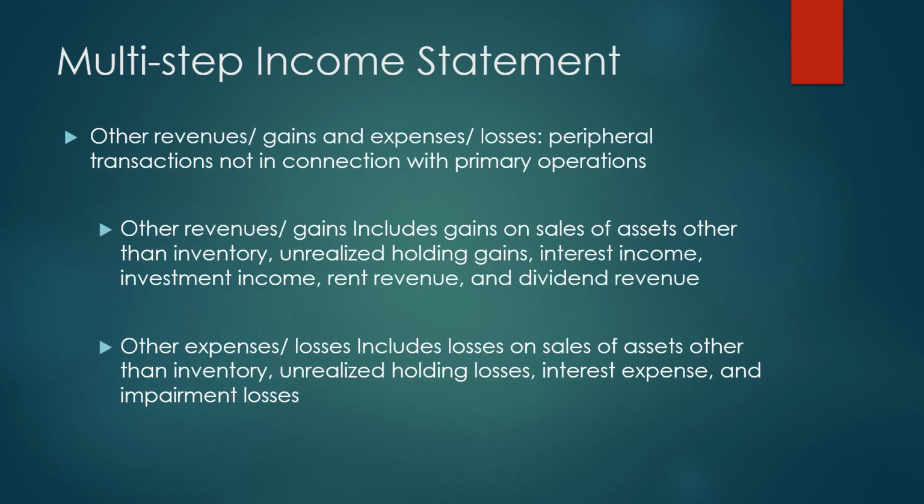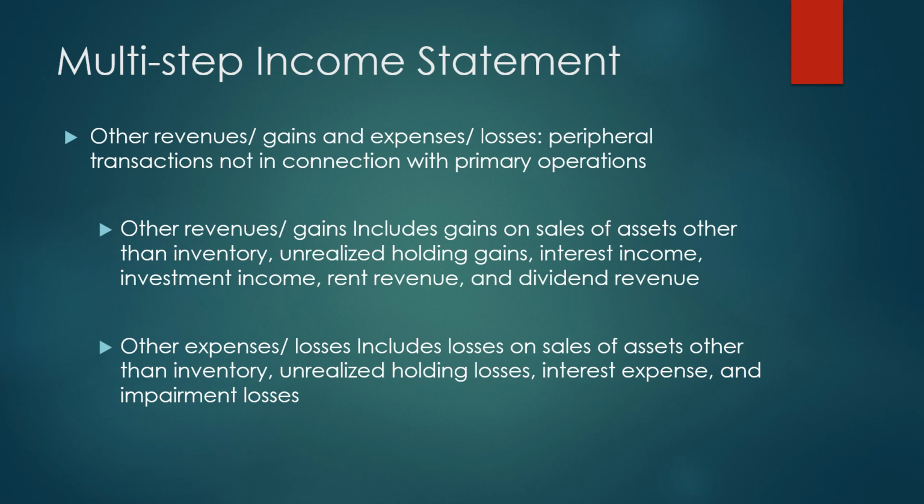We want to distinguish between operating items and non-operating items. Non-operating items are either going to be reported as other revenues and gains or other expenses and losses. These are transactions that are peripheral to the primary operations.